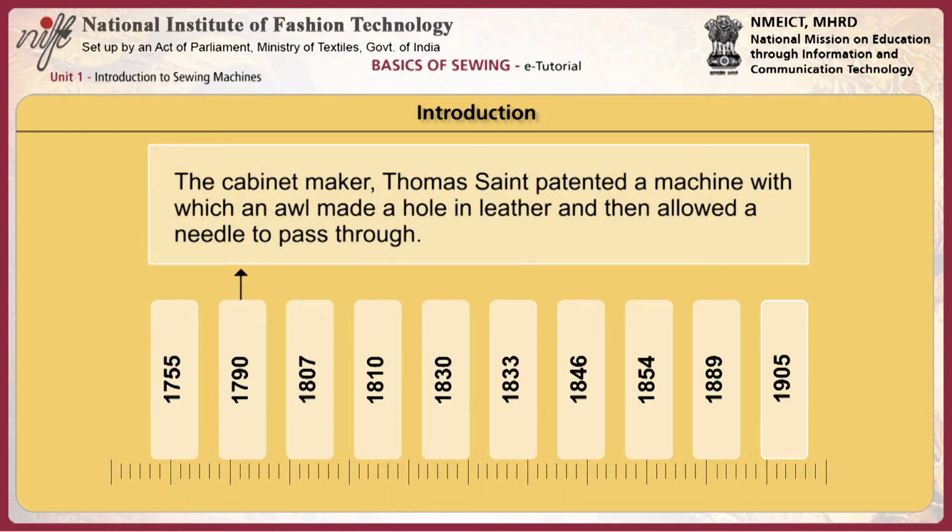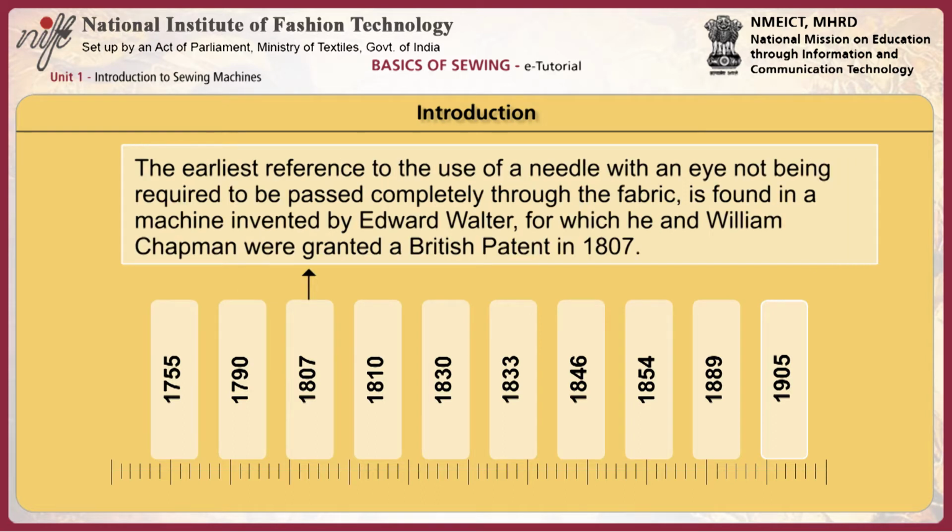In 1790, the cabinet maker Thomas Saint patented a machine with which an awl made a hole in leather and then allowed a needle to pass through. In 1807, the earliest reference to the use of a needle with an eye not being required to pass completely through the fabric it was stitching is found in a machine invented by Edward Walter Chapman, for which he and William Chapman were granted a British patent in 1807.